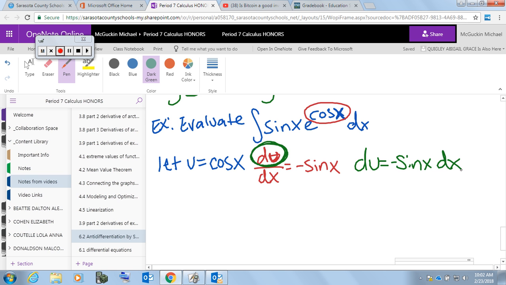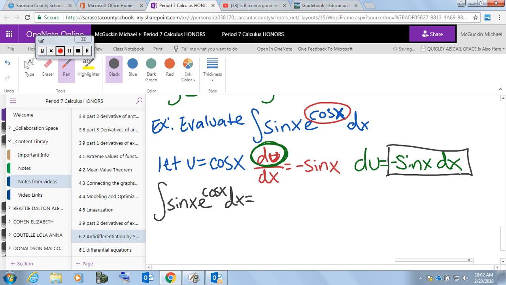Why does this help us and why does this work? Now, I'm going to rewrite our original integral, sine x times e to the cosine of x dx. I look at my du. I need to incorporate this negative sine of x into my differential here.